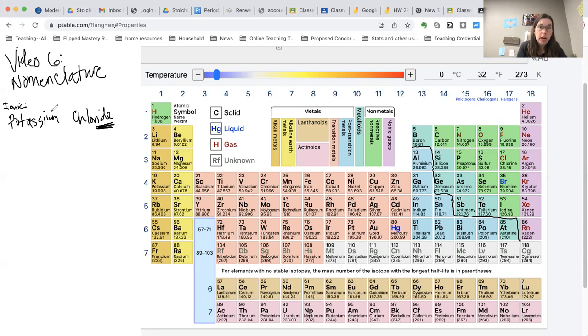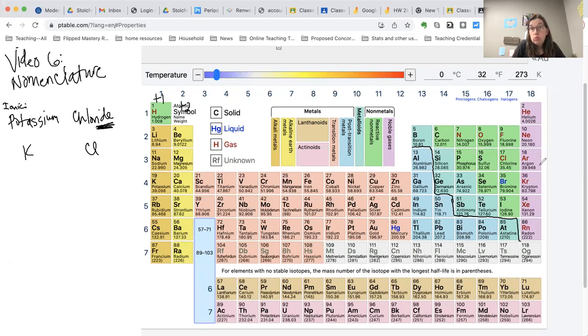Okay, so potassium chloride, we're going to look up the symbols. We know that potassium is K, chlorine or chloride is Cl. And now we have to ask ourselves, what kind of ion is it going to make, or what's the charge? So here's how you find out the charge. This column right here is +1. This column right here is +2, because that's the number of electrons you need to lose in order to have a filled outermost shell.